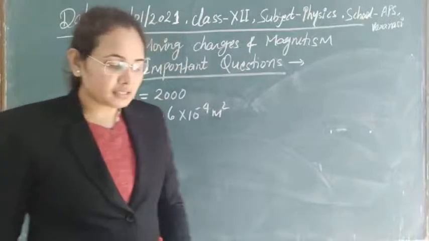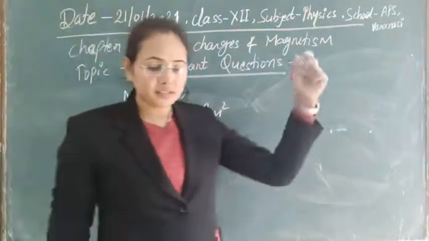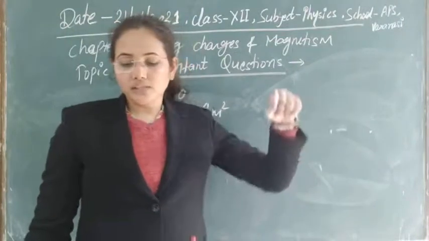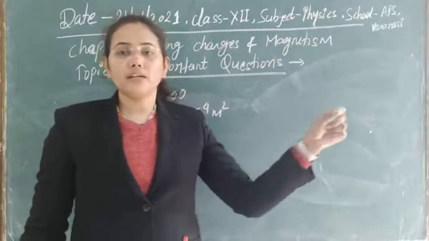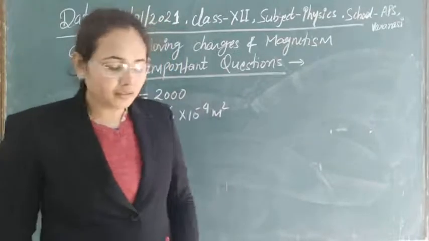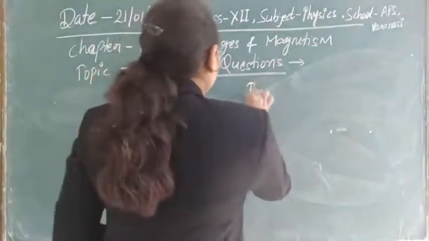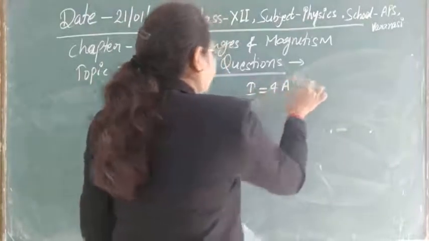So the number of turns is 2000, the cross-sectional area is 1.6 into 10 to the power minus 4 meter square, and the current flowing through it is 4 ampere. It can move in the horizontal plane.